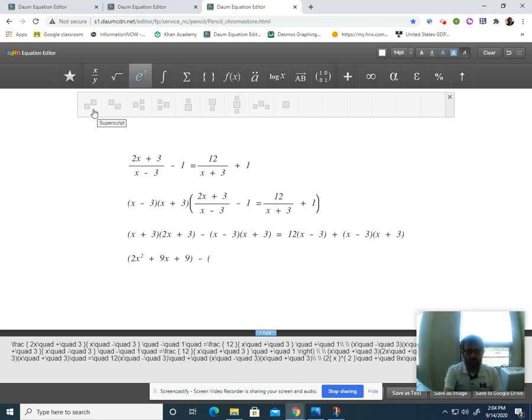And likewise, when you take this, you're going to get x squared, and then the negative 3x and the positive 3x add up to 0, so we're just left with minus 9 equals 12x minus 36.